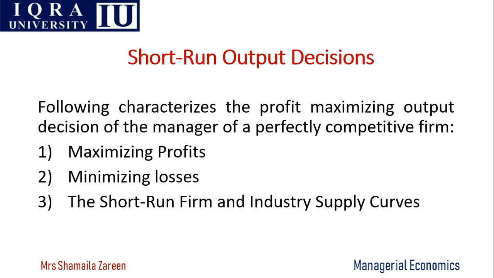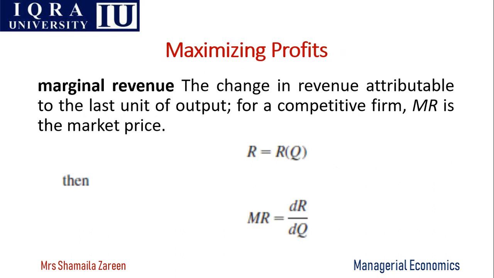First of all, in the short run, the firm has the decision to maximize profit, and the firm is in equilibrium when marginal cost equals marginal revenue. Marginal revenue is the change in revenue attributable to the last unit of output for a competitive firm. Marginal revenue is the market price.